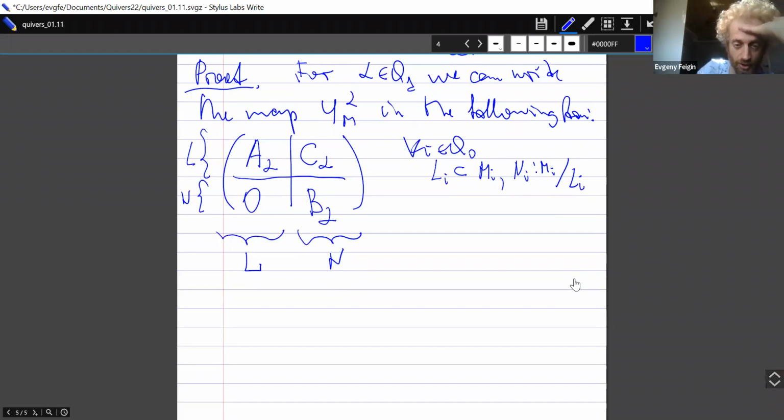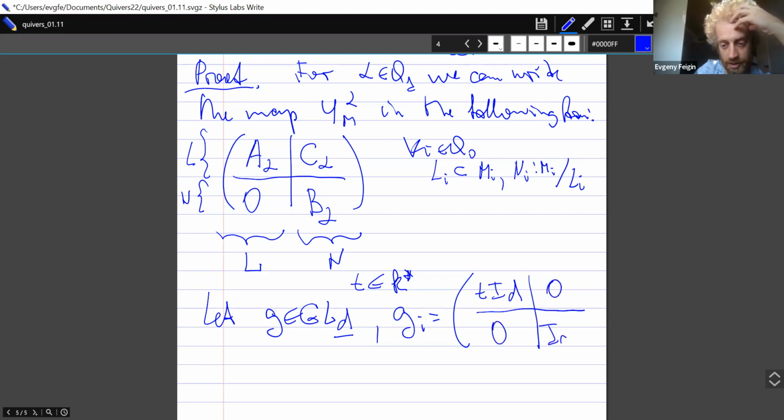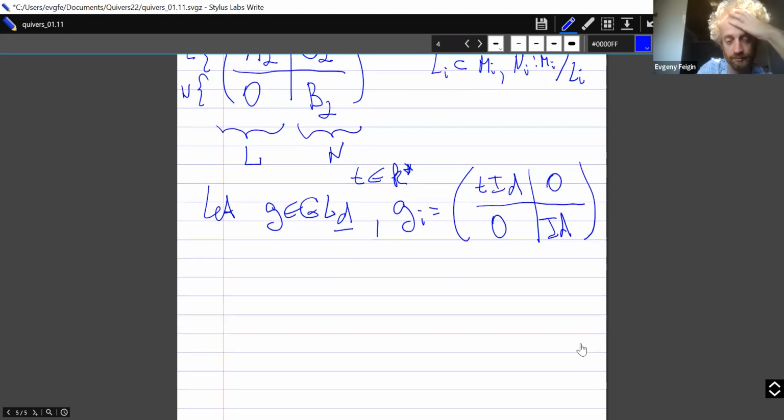Now, let us consider G, GL, G. So Gi is given in the following form. So we take some parameter t from K star, so non-zero element from our field, and our Gi is t times identity, 0, 0, and identity once again, so like this.